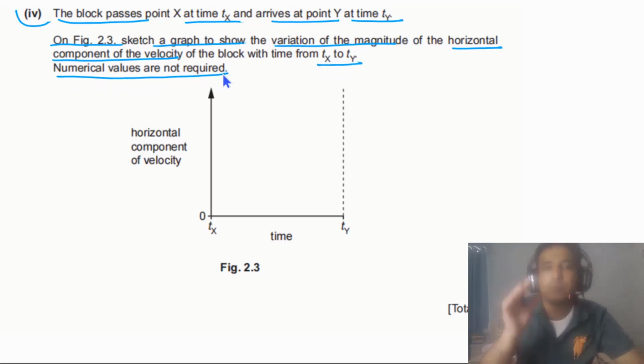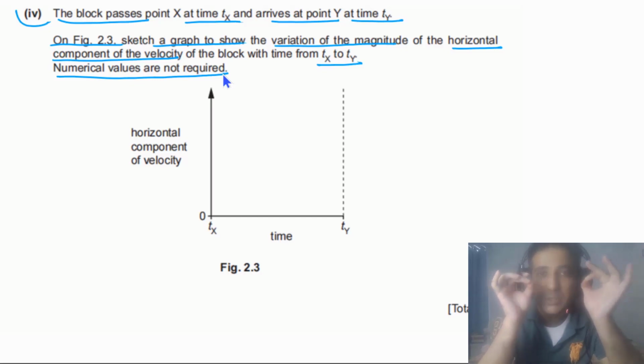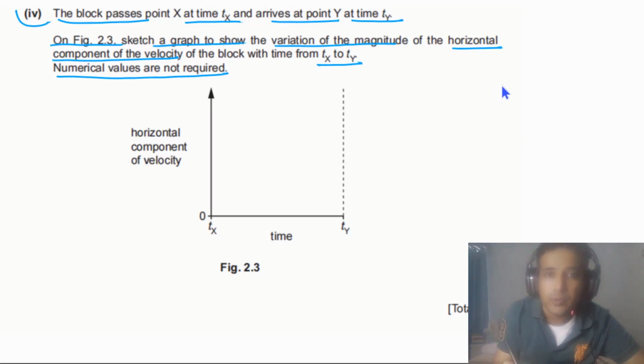For this question, we have discussed already that the only force acting on the block is gravity, and gravity is always vertically downwards, so there is no component of gravity along the x-axis, along the horizontal. So as there is no force along horizontal, the horizontal component of velocity will remain constant.